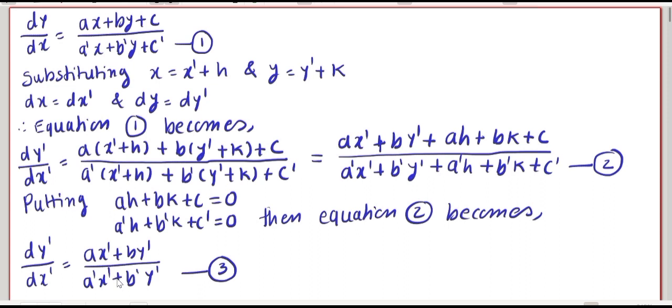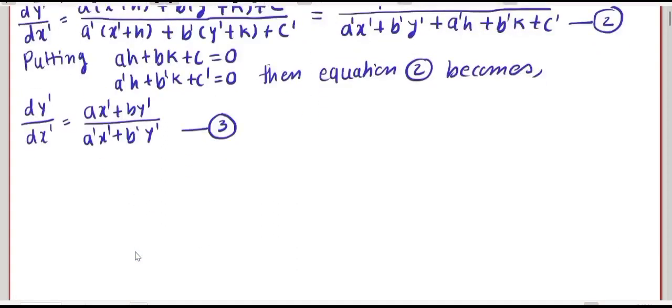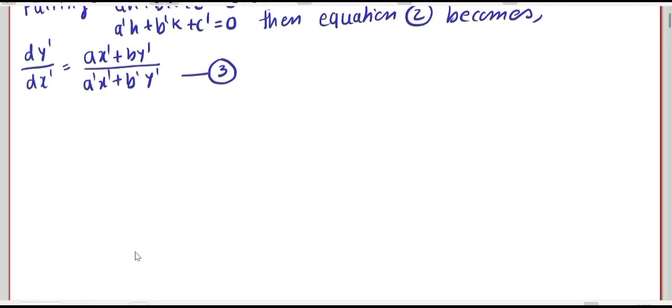Now, this is homogeneous in x dash and y dash and therefore solvable by the method for homogeneous equations in x and y that was explained in the last lecture.